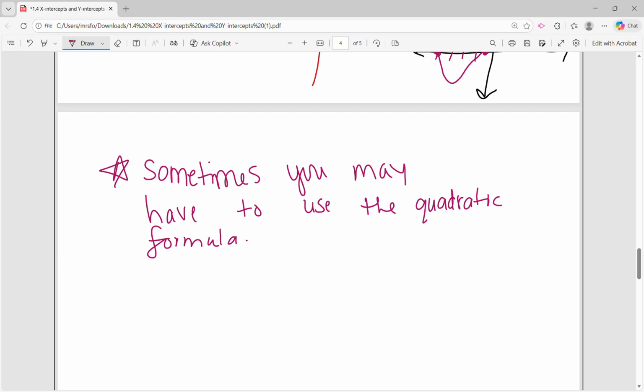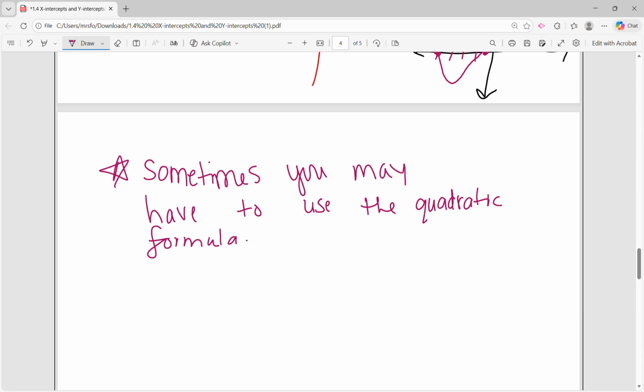When that's the case, you would want to write the formula down, and choose each one of your a, b, c's.